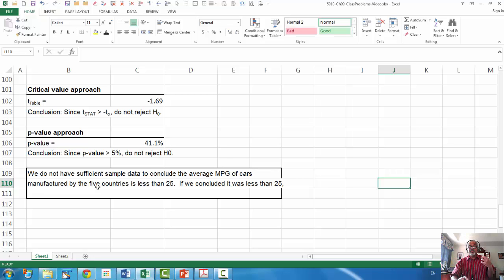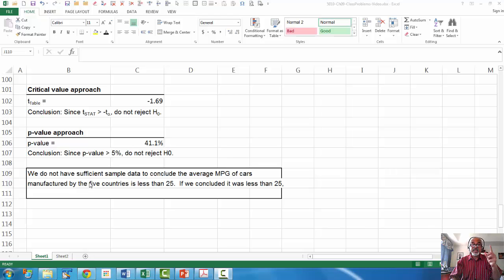In this case, for the p-value interpretation, we are not rejecting the null hypothesis, which means we are not going to be committing the type 1 error. Since we are not rejecting the null hypothesis, the only chance of an error is a type 2 error. Therefore, the way to interpret this 41.1% is that we are not rejecting the null hypothesis because the p-value is so high.